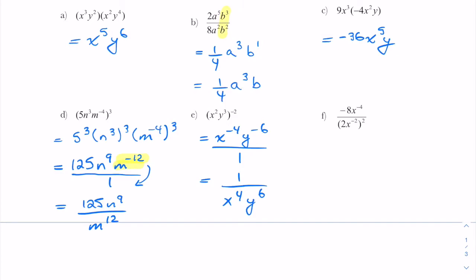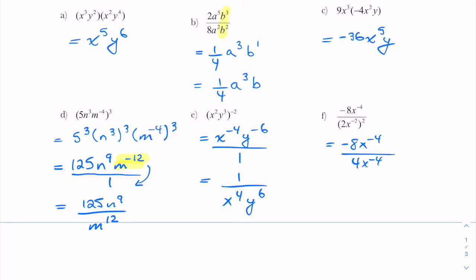All right, part F. We have to divide powers, but before we can divide them, we have to apply the exponent to the denominator. Don't forget BEDMAS. You have to do exponents before division. So that's going to give us negative 8x to the negative 4 divided by 4x to the negative 4.